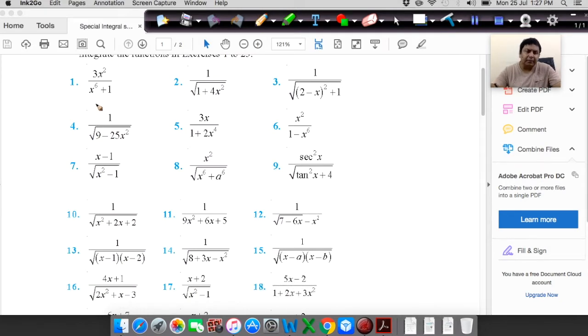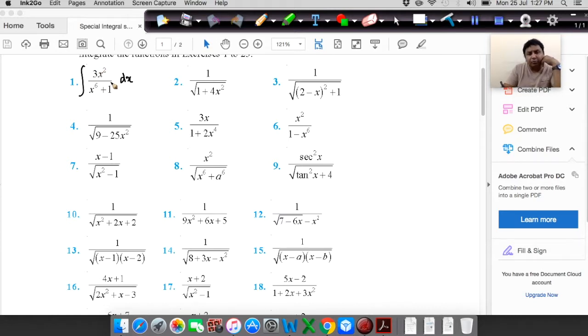So here, like 3x square upon x to the power 6 plus 1. These are indirect sums. These are sums based on integration by substitution first. So clearly you see 3x square. We substitute according to whose differentiation is coming multiplied to dx in the sum. So here 3x square, we ask whose differentiation is 3x square.